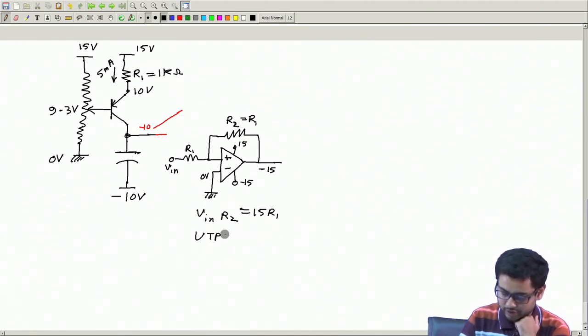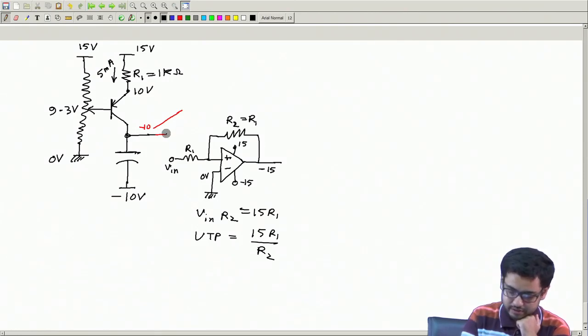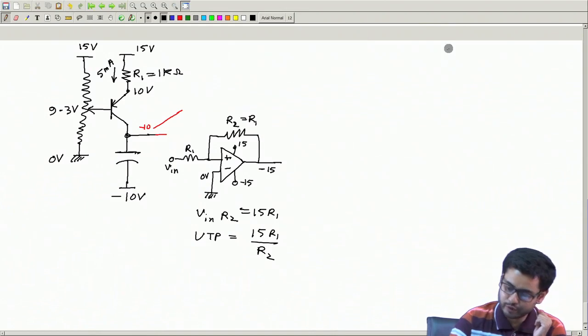So upper trigger point is 15 R1 by R2. In this case the trigger point will be 7.5.